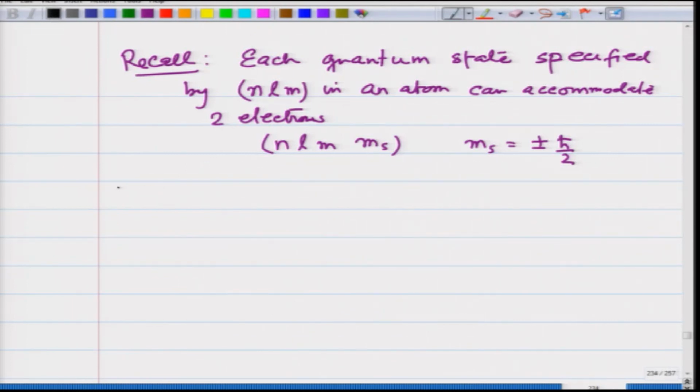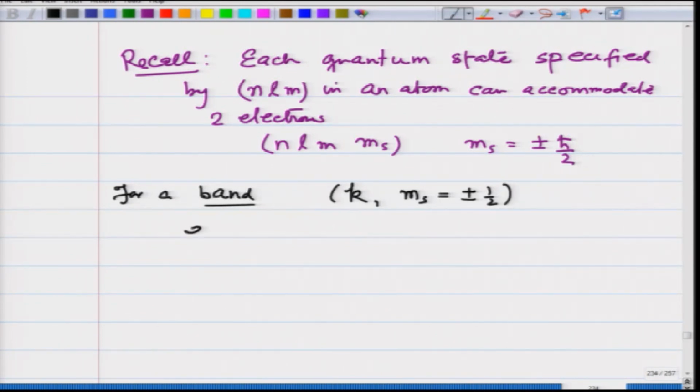Similarly, for a band, the crystal quantum number is k. So, ideally if k was the only quantum number, it would accommodate 1 electron, but with spin I can have 1 spin up electron and 1 spin down electron in each k.